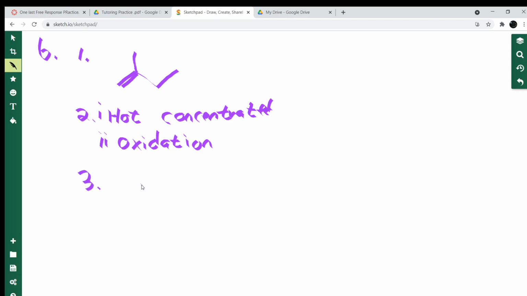And what happens to those carbons when they're in solution like that? Well, first they make an aldehyde. Okay, but this aldehyde doesn't last very long, and then it goes to a carboxylic acid.